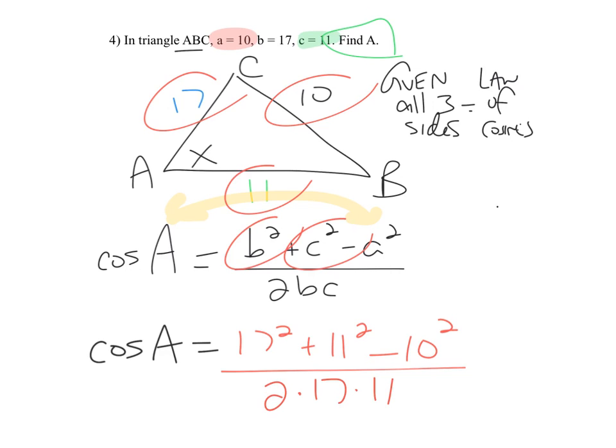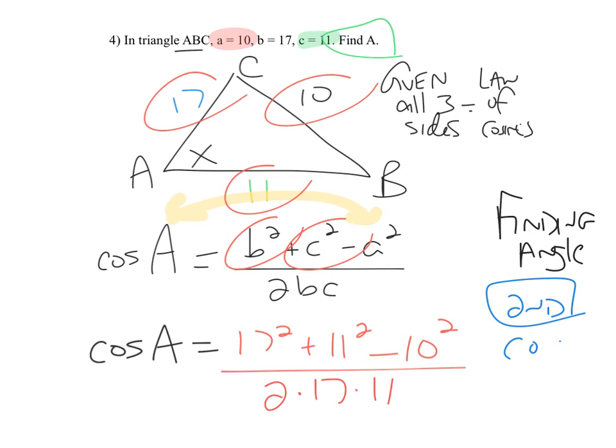And here, since I'm finding an angle, I have to remember to first press the second button. So I'm going to be doing second and then cosine, and then I'm going to be DMSing the answer. Take a minute, press second cosine, enter the fraction, DMS your answer, and round to the nearest minute.